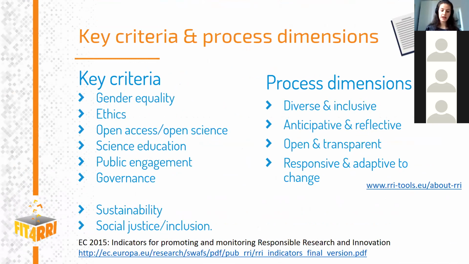And with science education, we want to enhance formal and informal science education inside the research institutions and also in society. We have public engagement, so we aim at broadly engaging society in research and innovation activities. And we have governance, which aims to create governance settings and models to enable the other 5 key criteria.